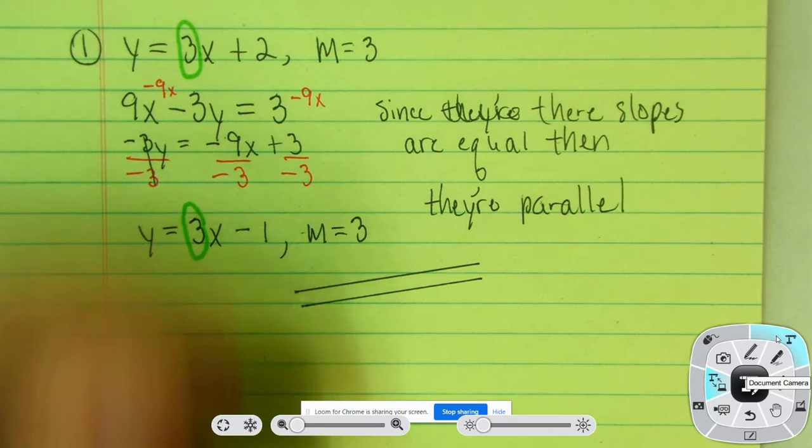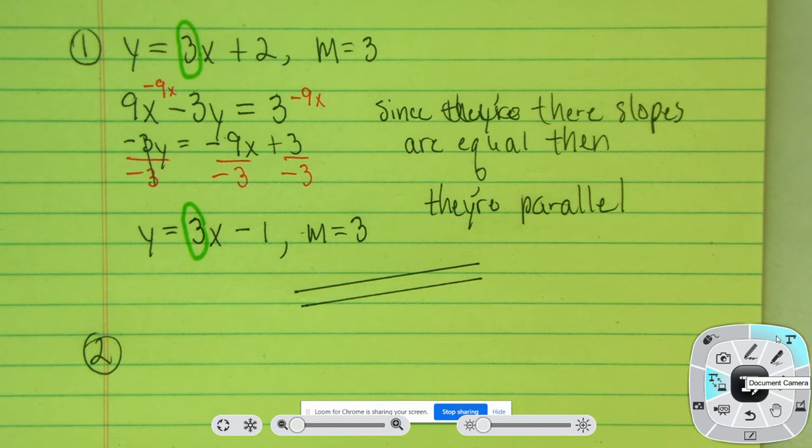Because their slopes are equal, without even drawing them, without graphing them, I know they're parallel. And it really makes sense because if they're parallel, they have to have the same amount of steepness or sooner or later they're going to cross.